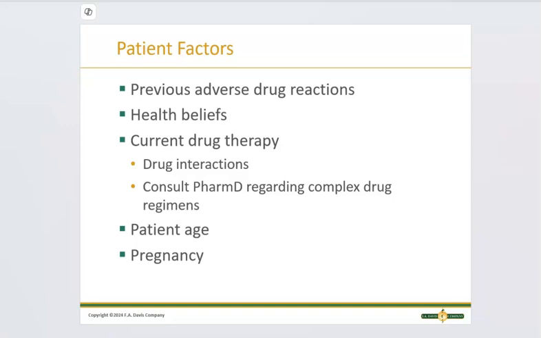Patients' ages matter, obviously, especially if they're young, adolescent, or child age, or if they're adult and they're elderly. Some of the drugs we do have, like Eliquis, have different dosing instructions based on age. And then obviously pregnancy.